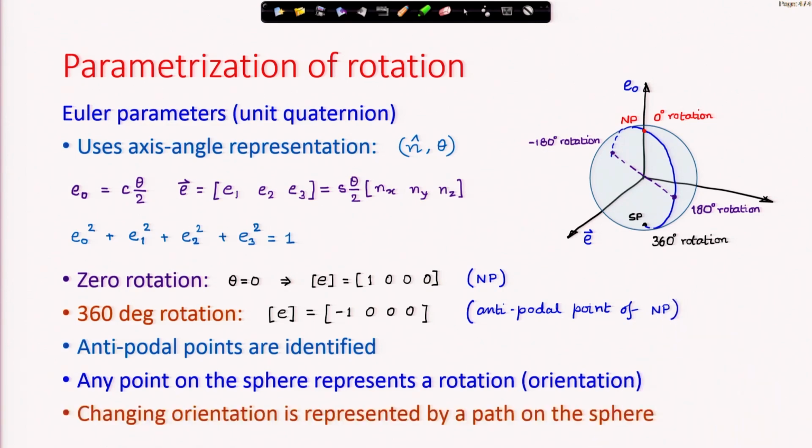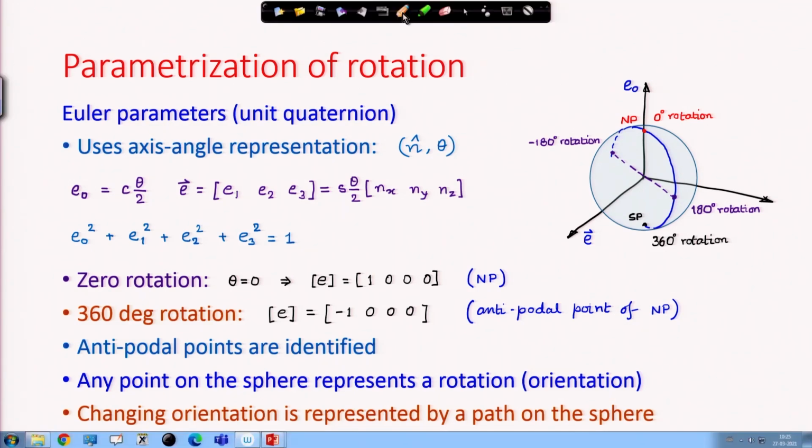Changing orientation would mean that there is a motion of this point on the sphere. As the orientation changes, the point on the sphere must be moving, and therefore, between 2 orientations or 2 rotation matrices, you can think of a path joining these 2 orientations. For example, from the identity matrix to this orientation, there can be multiple paths.